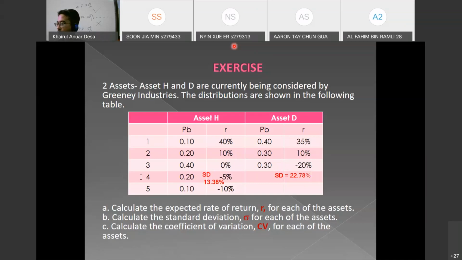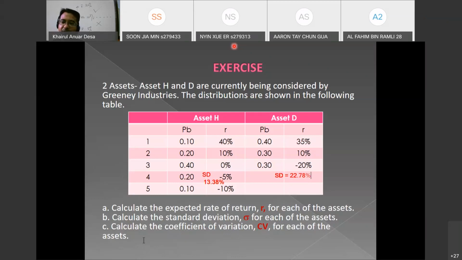H 0.23, kemudian D. Alright, open for public. Okay, kita lelong lah, kita lelong.